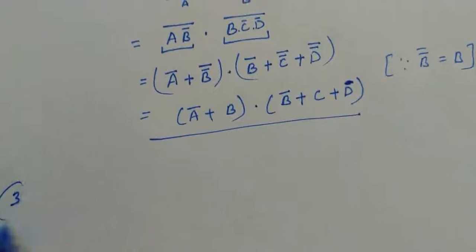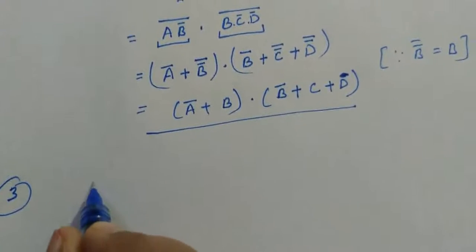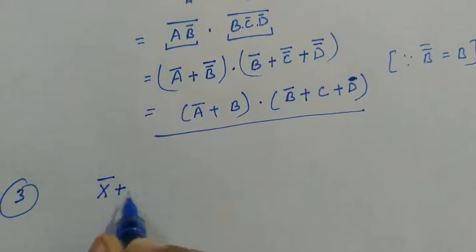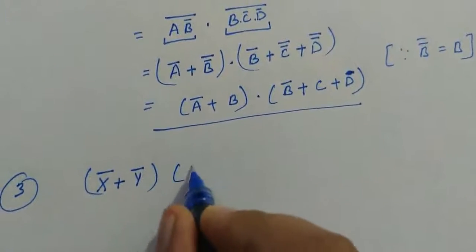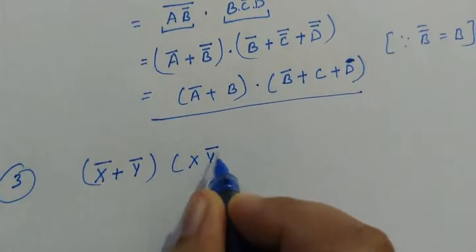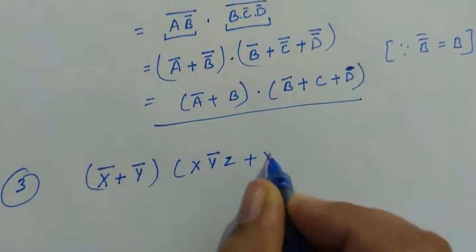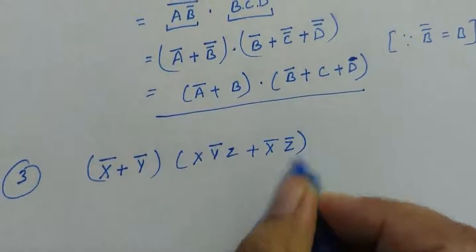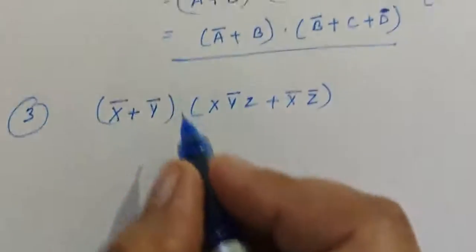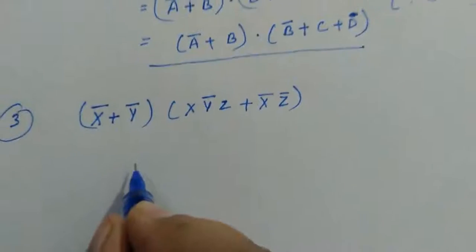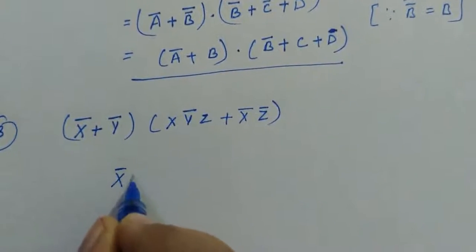Similarly, we have another example, which is X bar, or complement, plus Y complement, X Y complement Z plus X complement Z complement. So we have to find the complement of this expression. So what we will do, we'll put a complement over this expression.